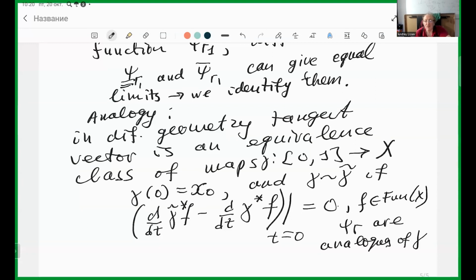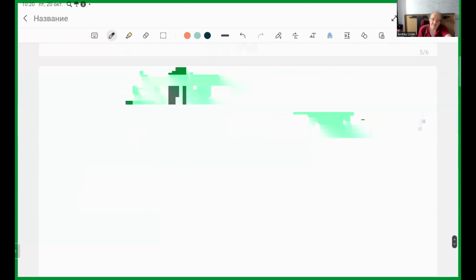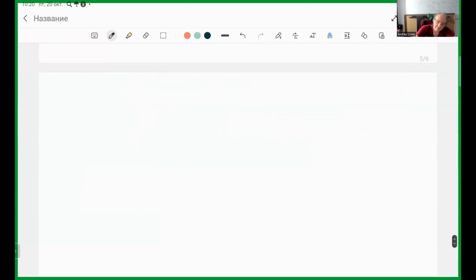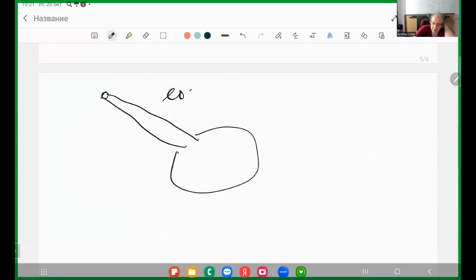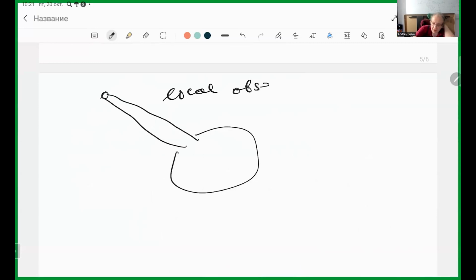So what I gave you is a mathematical definition that explains the following picture, that a local observable comes from a limit.